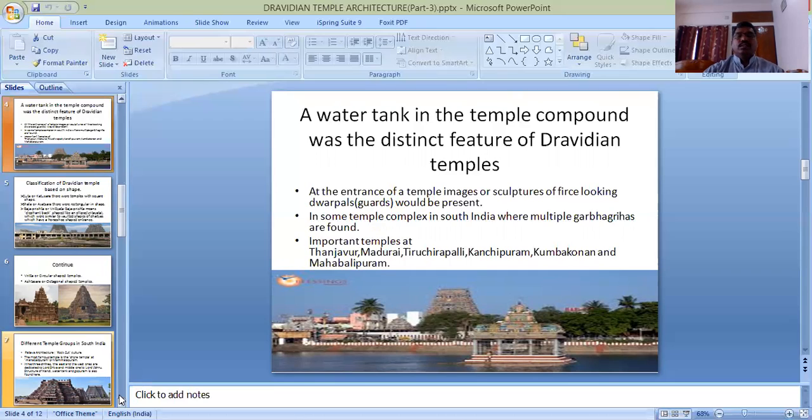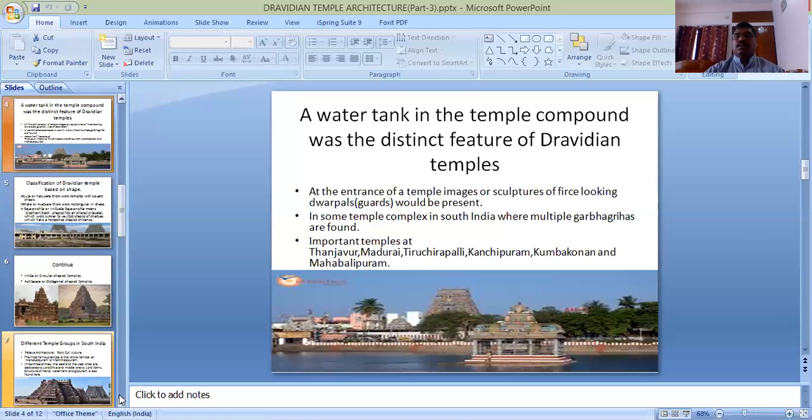Important temples are at Tanjavur, Madurai, Tiruchirapalli, Kanchipuram, Kumbakonam, and Mahabalipuram.